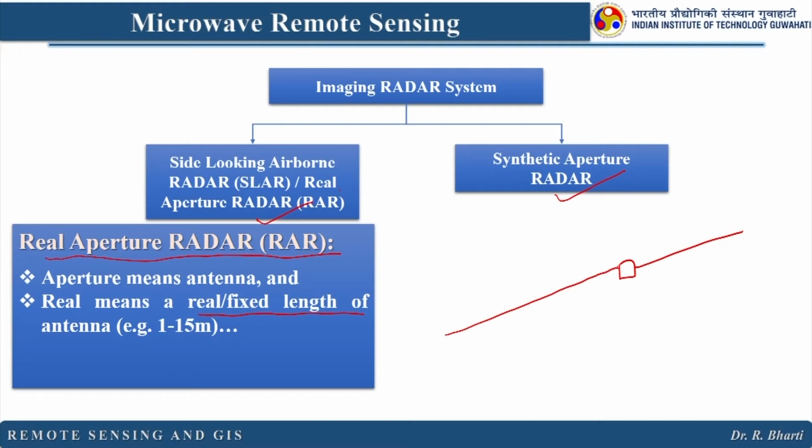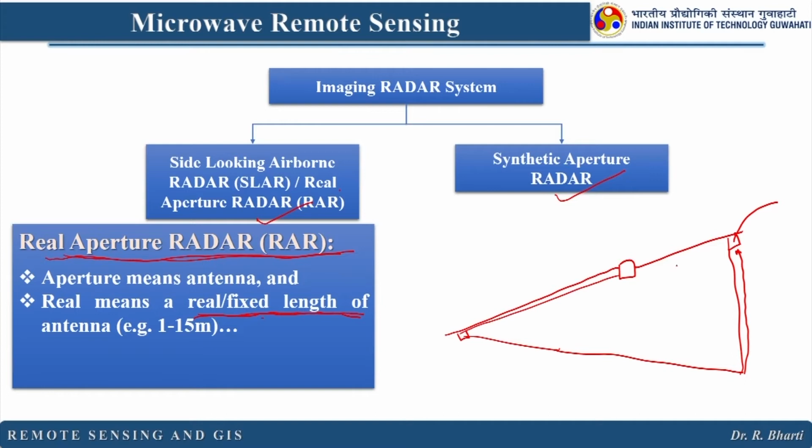Assuming this is my microwave sensor and these are the antenna, your transmitter is located here and this is your receiver. So, this will illuminate this surface, right. Once we receive this backscattered value, it will be stored and transmitted further. Here in real aperture radar, we are referring to a fixed length of antenna.